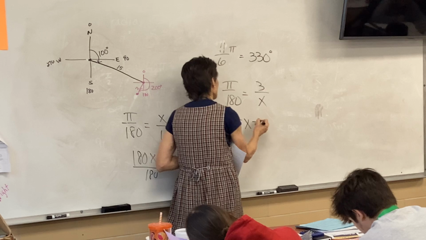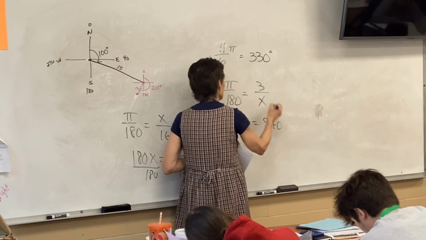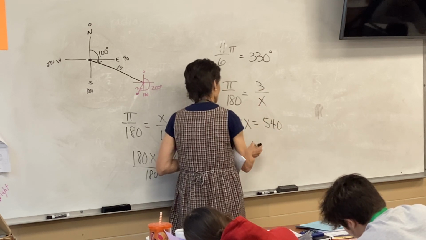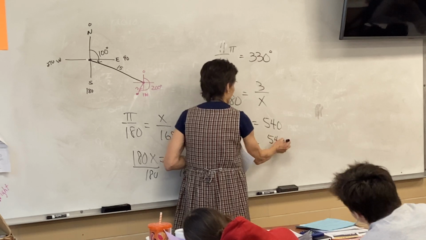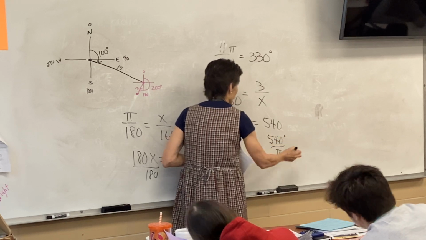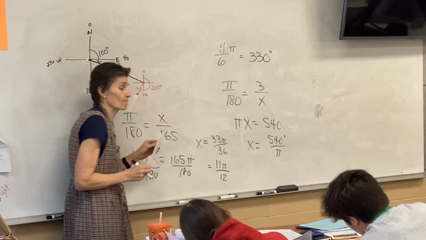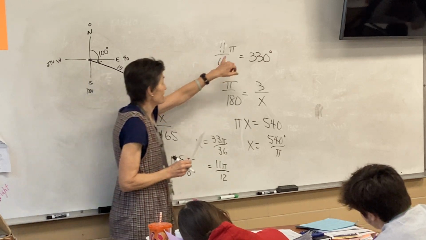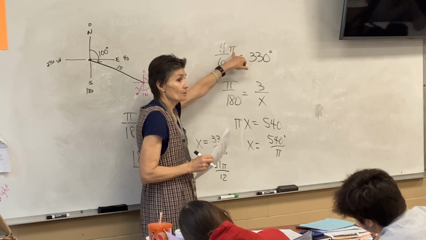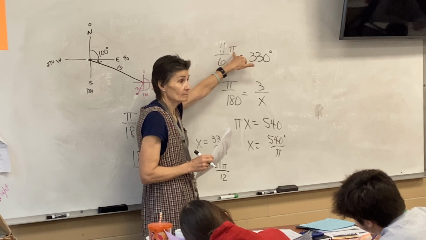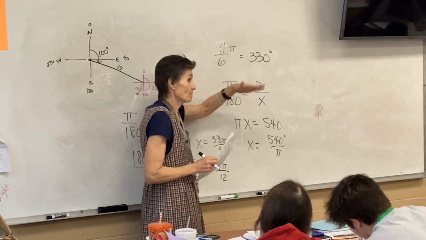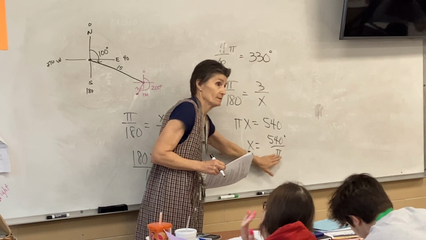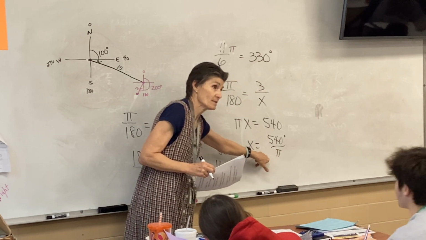So pi x equals 540 when I cross multiply, and x equals 540 over pi. If the pi is in the problem, you can go ahead and make it 180. But if the pi isn't in the problem, you just leave it. Okay, that's part of your answer.